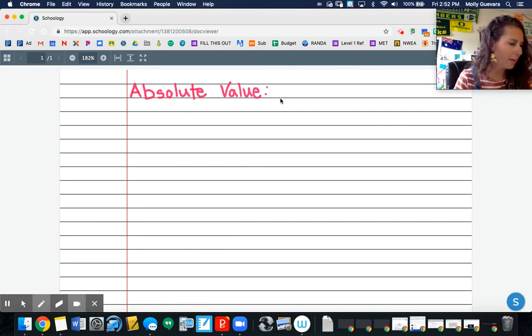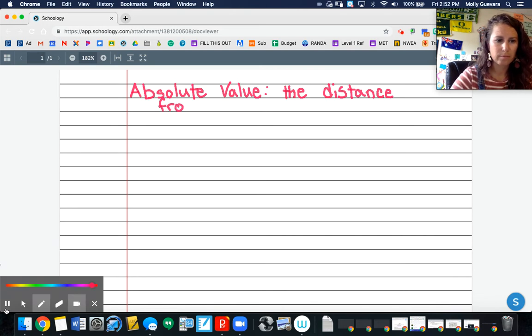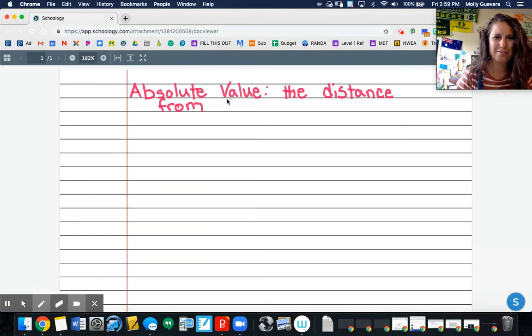Okay, so the actual definition of the absolute value is the distance from 0 on a number line.